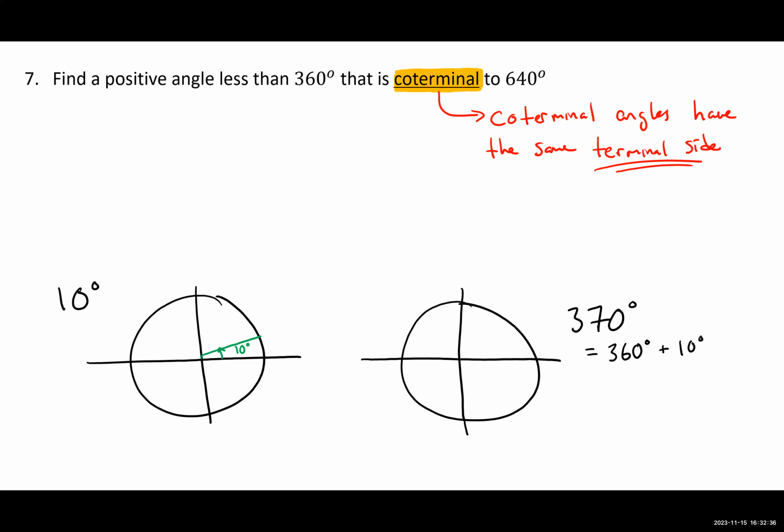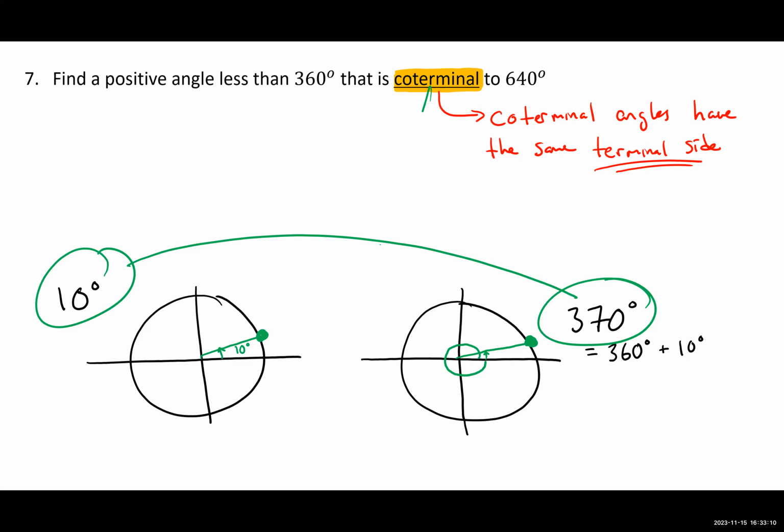One complete circular rotation takes you back to where you started. So 370 would go around the whole circle, that's 360 plus another 10. It puts you in the same place, same terminal side, same location on the circle. So 10 degrees and 370 degrees are coterminal because they put you at the same location on the circle.